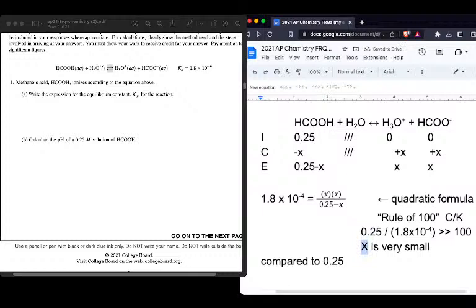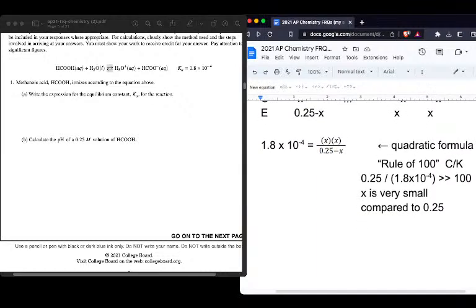Different teachers have different thresholds. I call it the rule of 100 because that's the most popular one that I see. But you're taking the concentration you were given, the one you're comparing X to, and dividing it by the value of K. If that number ends up being bigger than 100, then you're going to end up with a very small amount actually dissociating, and therefore 0.25 minus X is about the same as just 0.25.